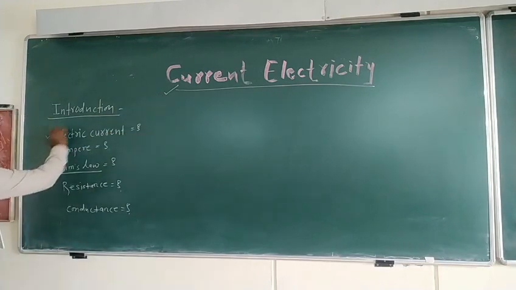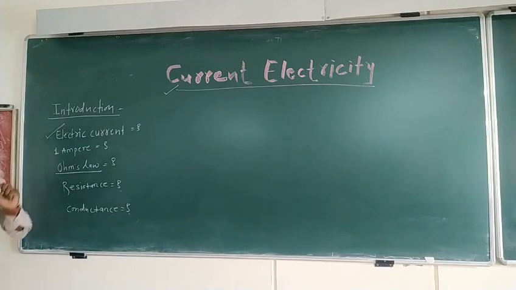First we have to see what is meant by electric current. The first simple definition: the rate of flow of charge through a conductor is called electric current.